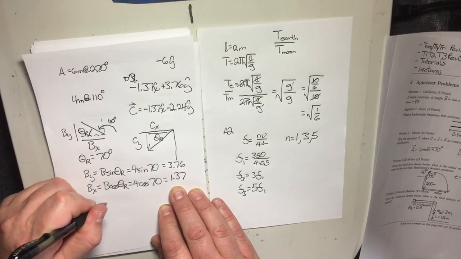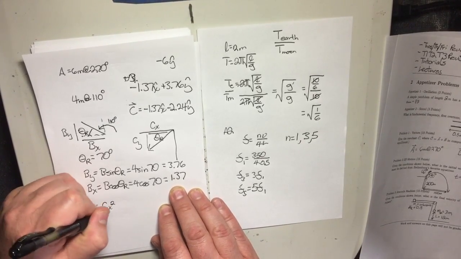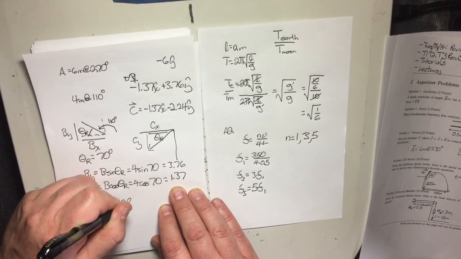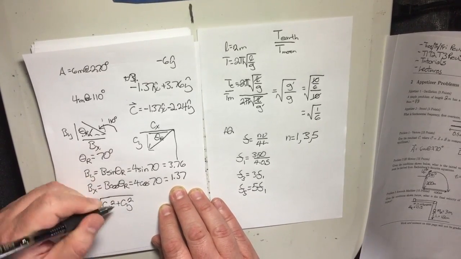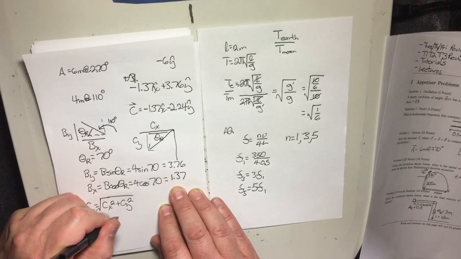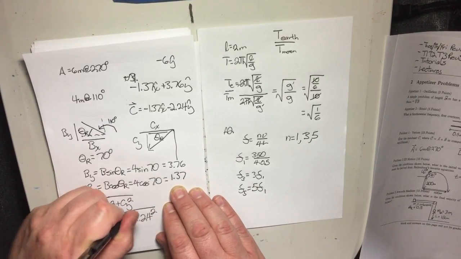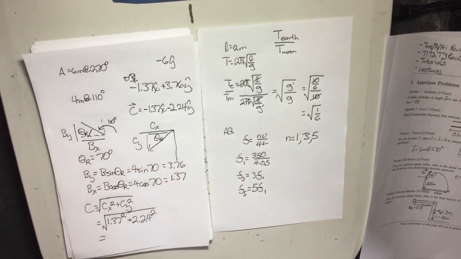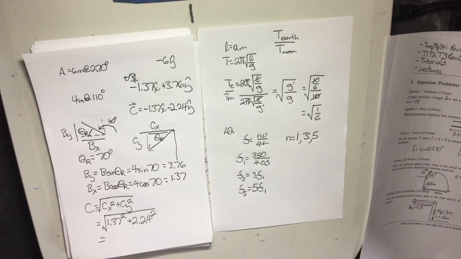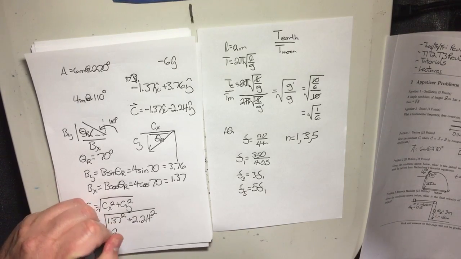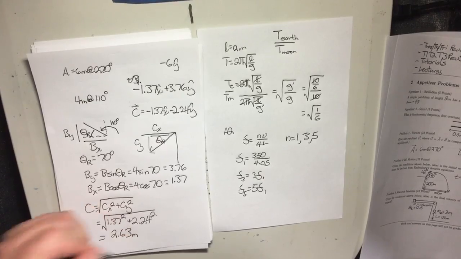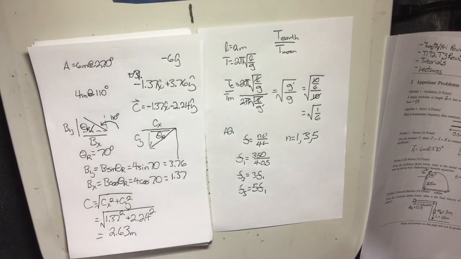Now C is the square root of Cx squared plus Cy squared. 1.37 squared plus 2.24 squared. I don't care about signs because everything is squared and it goes away. 2.63 meters. That's the magnitude of C.